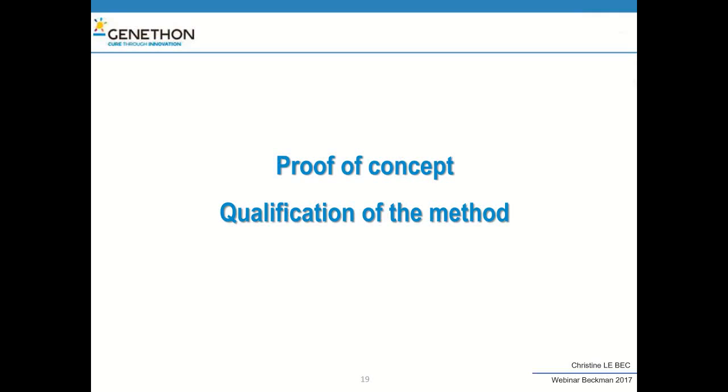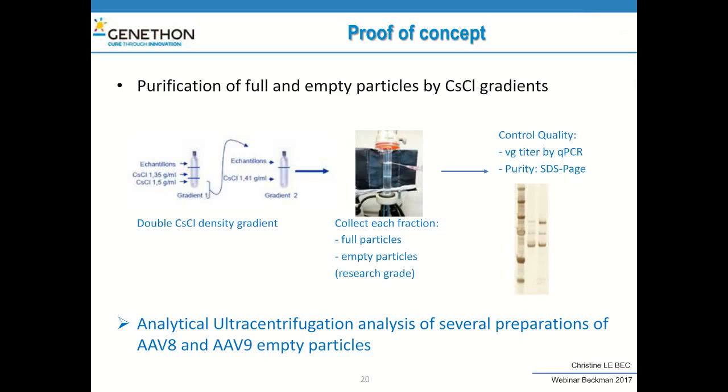First of all, I would like to show you some experiments we performed here at Genethon to qualify the method. We started with an AAV preparation from a process lot, which has a mixture of full and empty particles, and we separated the full and empty particles by cesium chloride.